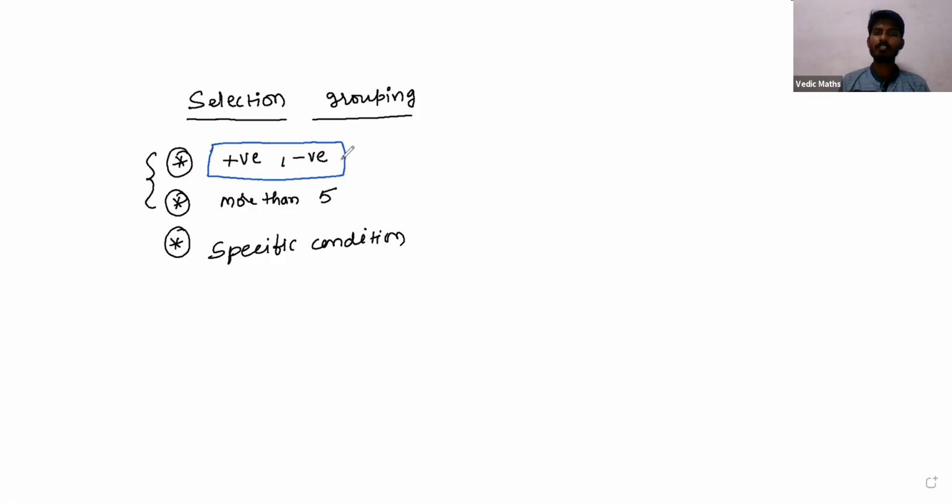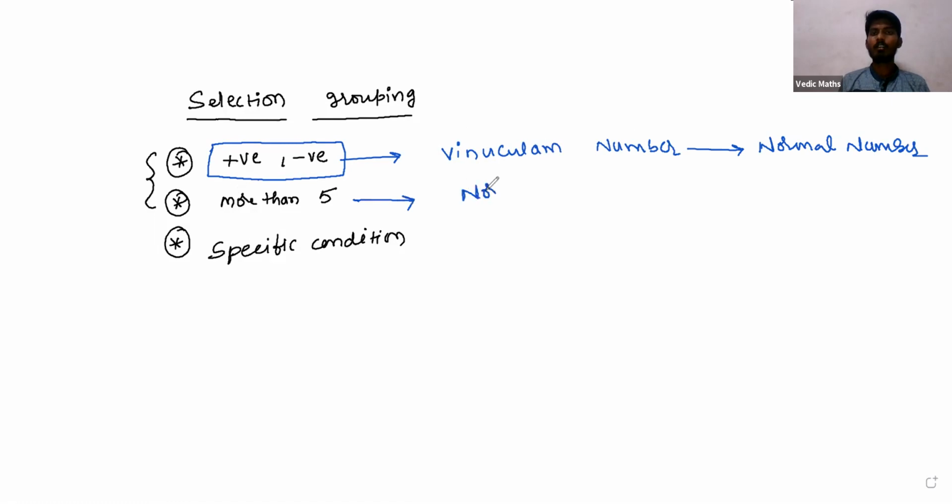Okay, now see, I'm very clearly declaring here. This first point we are applying when a vinculum number is converted into a normal number. And this rule we are using for a normal number to a vinculum number.